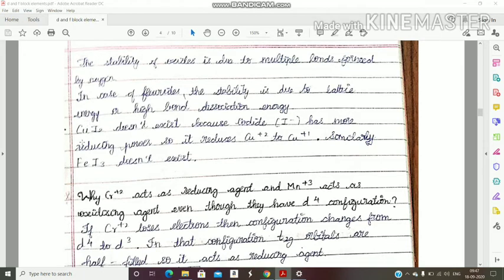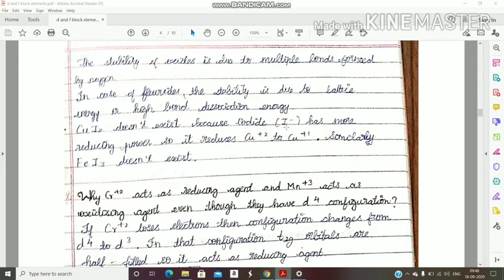Next, one more point. This is also an important point. CuI2 does not exist. CuCl2 exists, CuF2 exists, but CuI2 does not exist because of the iodide, I minus. I discussed all these points, fluoride, chloride, bromide, iodide, in 17th group elements.